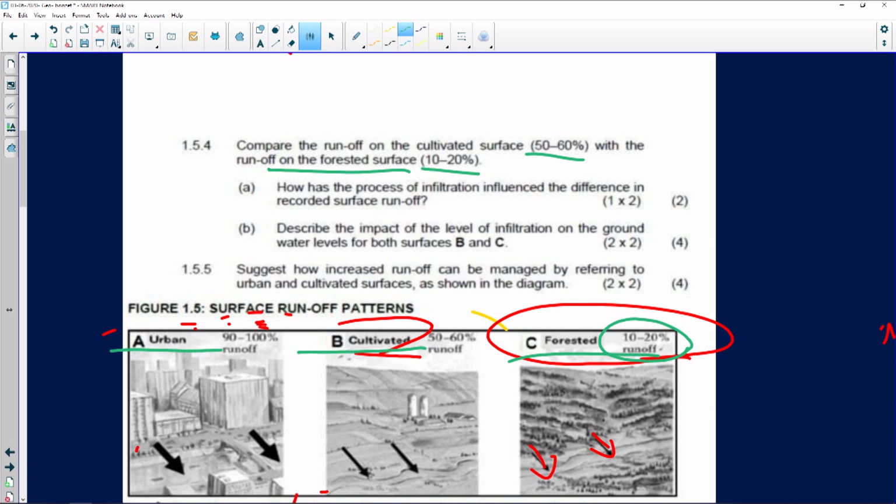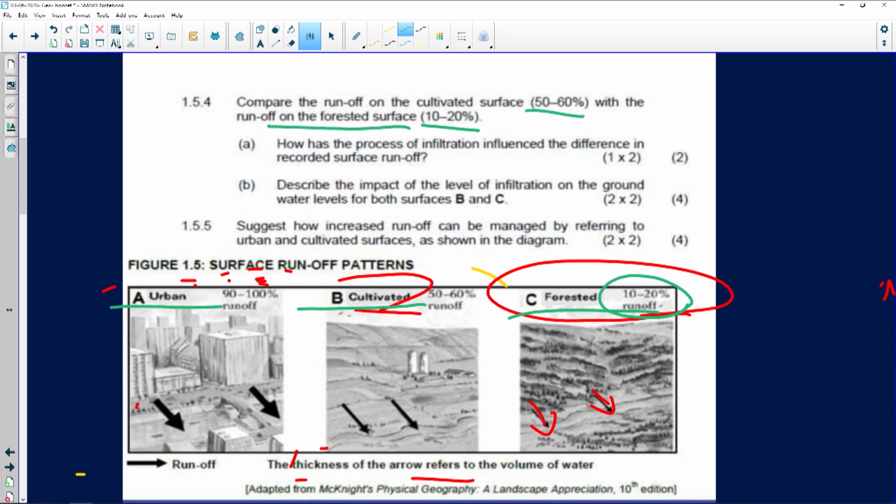The simple reason is that even though it's crops, there's less vegetation on the cultivated area than in the forested area. Because there's a biodiversity of different types of plants, whereas in the cultivated area, all of these plants are probably the exact same type of vegetation.